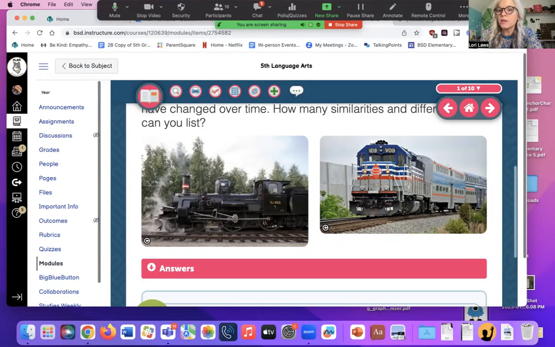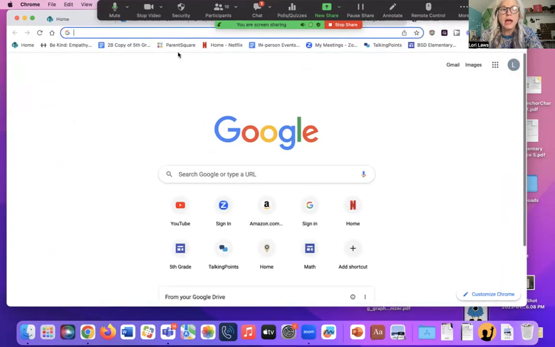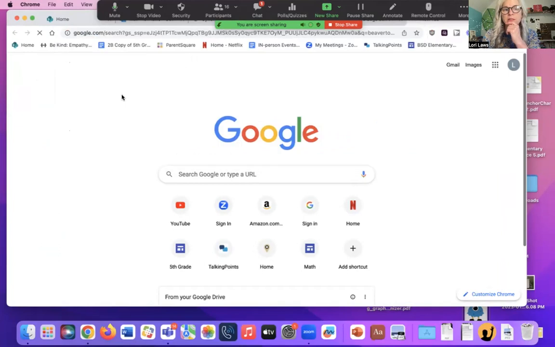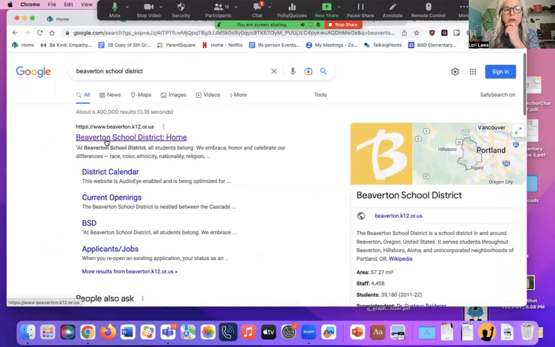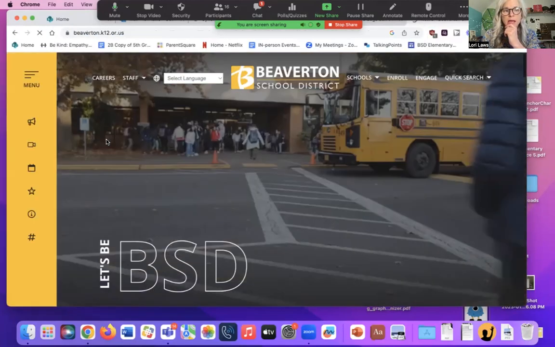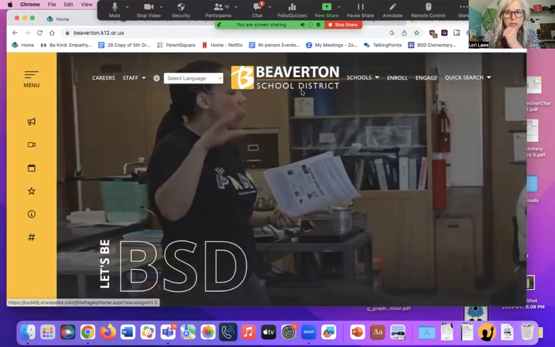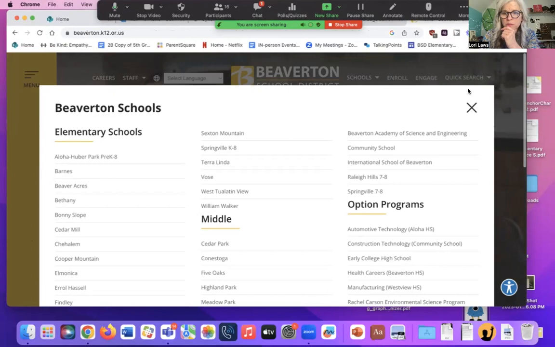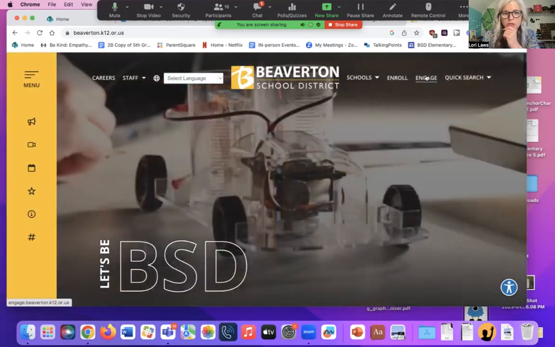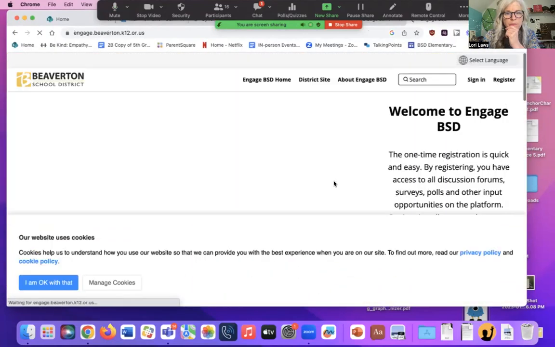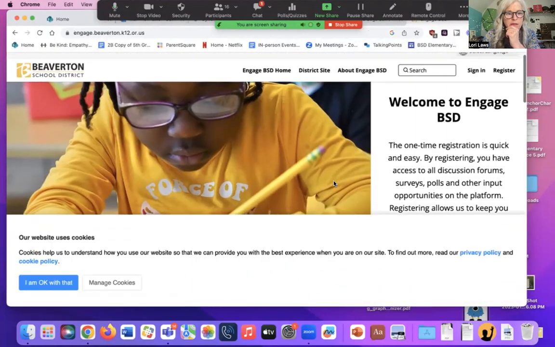It's super easy. All you do is type in, I'm going to show you how, Beaverton, and as soon as Beaverton School District pops up, you go here, and then right on the home page, you go to volunteer. Where is it? Schools, enroll, engage. It's probably under engage. Is that it? No. Welcome to BSD engage.